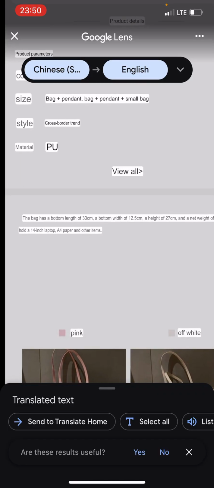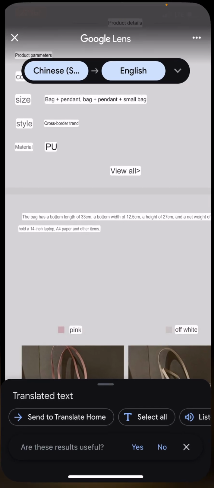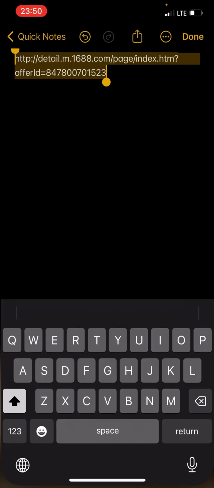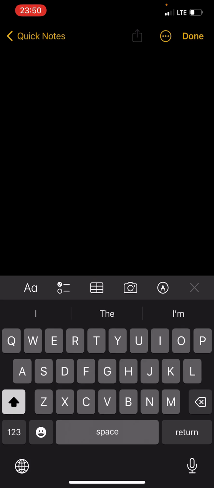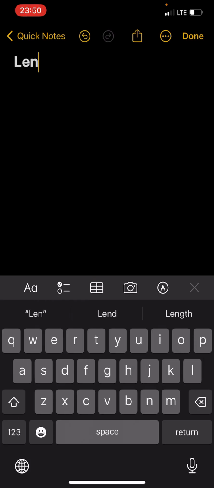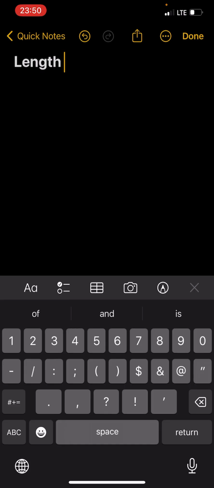So she said the length is 33 centimeter and the width is 12.5. So let me go to my notes. I'm going to be writing everything down. Length is 33 centimeter.